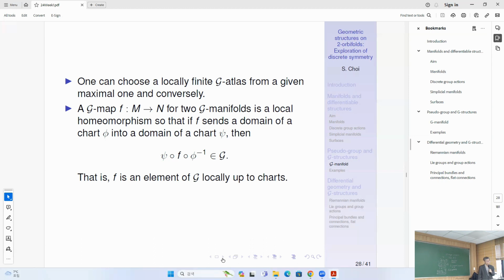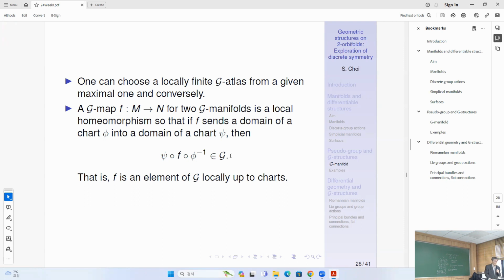And of course, you can define a G map. If you have M and N both G manifolds, and F is a local homeomorphism that sends the domain of a chart into the domain of a chart, then this map is also in the pseudo group G. So F is an element of G locally, up to charts.